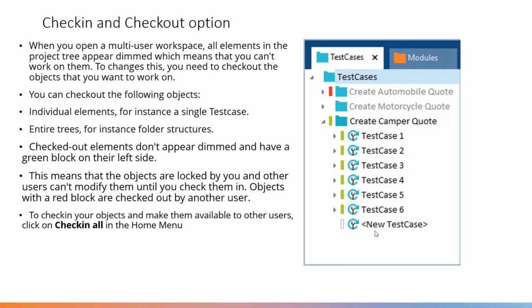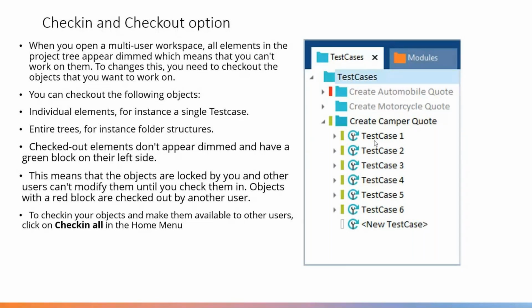When you want to do any changes, you need to check out the particular object you want to work on. Suppose I want to write a test case in the folder called create camper code. I left click on this folder and you see an option called checkout. When you check out, this folder is available only to you.